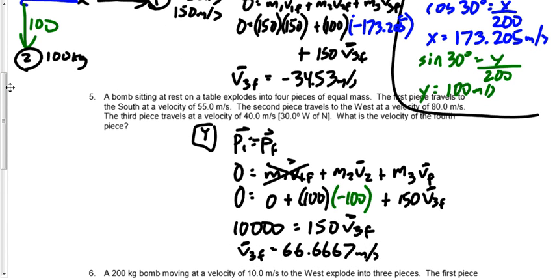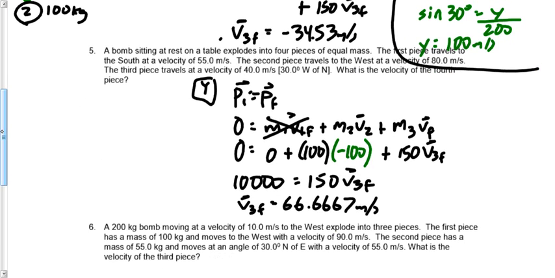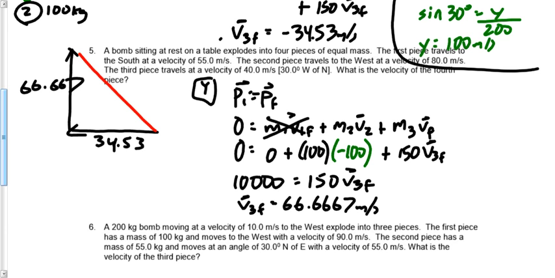Now it's physics 20, right? Which is sometimes harder because it's been so long. But we've done this a few times now. The x component, remember, we've clearly labeled x and y here. The x component is neg 34, so draw it as neg 34. The y component is clearly 66, so draw it as 66. And then the resultant velocity is right here. V is going to be found by the Pythagorean theorem.